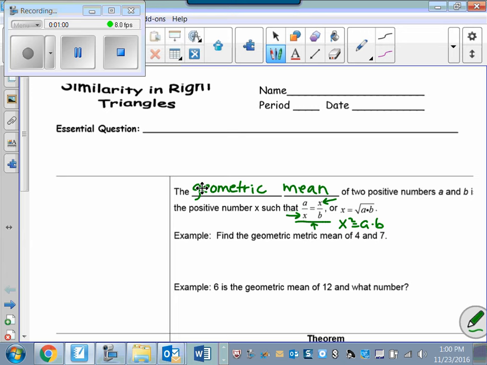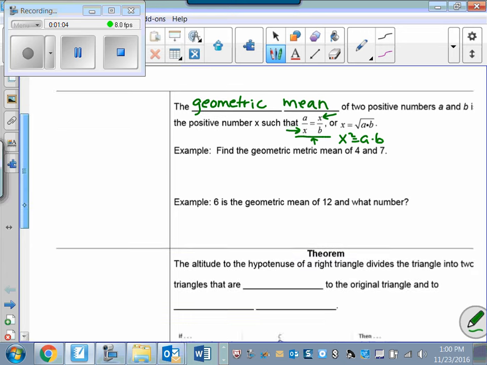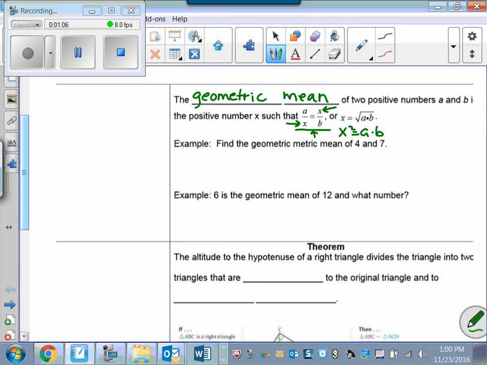So anytime I ask you to find the geometric mean of two numbers, you're just going to set up a proportion. If I want the geometric mean of 4 and 7, I'm always going to make the mean my means. Maybe that'll help you remember it. Make the mean your means. Then I put my two numbers as the extremes, and then I just cross multiply.